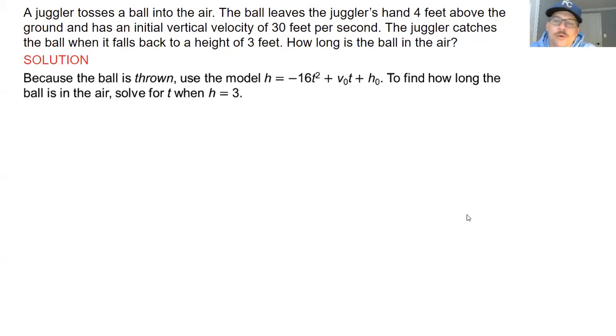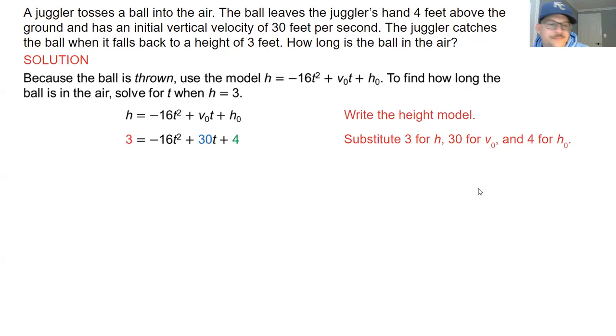Because it's thrown, we're going to use the model of -16t squared plus some number b t plus some number h, which is our C position, to find out how long it was in the air when h is equal to 3.